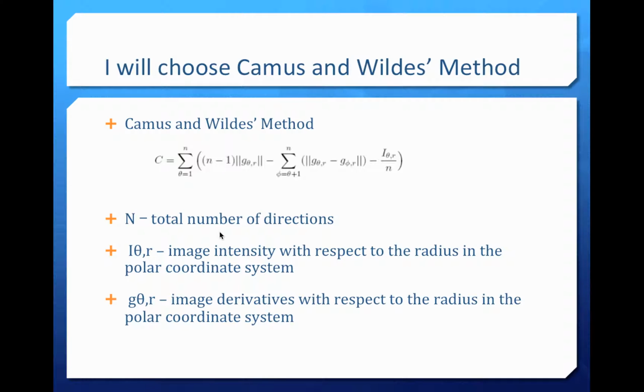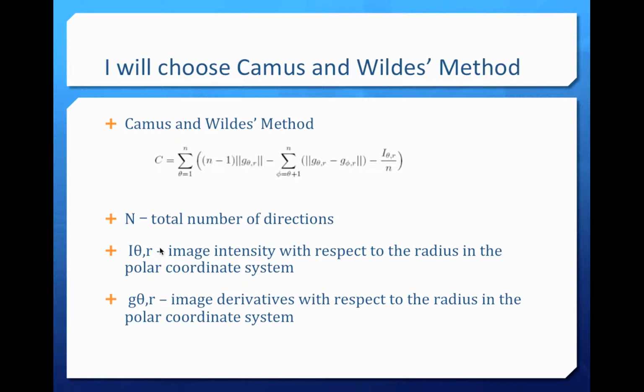The basic idea of the Camus and Wildes method is just as shown in this formula. The big N refers to the total number of directions. The I(r) is the image intensity with respect to the radius in the polar coordinate system. The G(r) refers to the image derivatives with respect to the radius in the polar coordinate system.